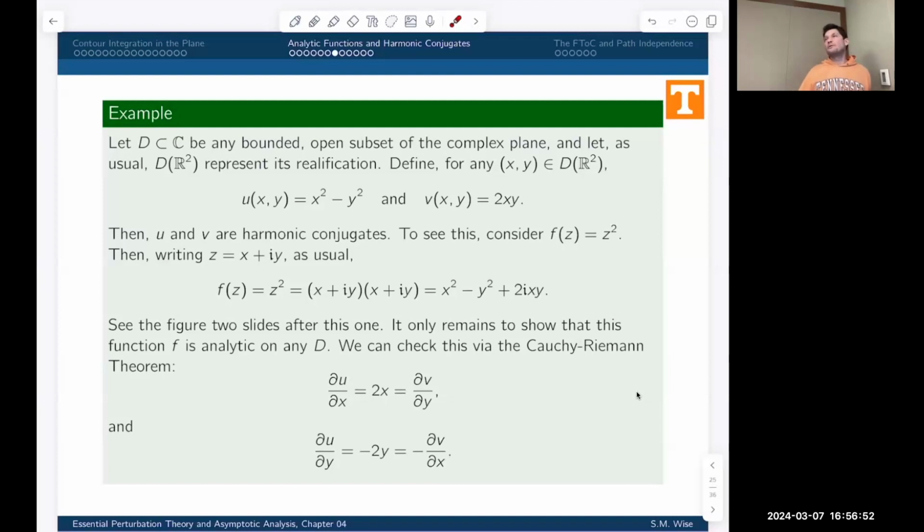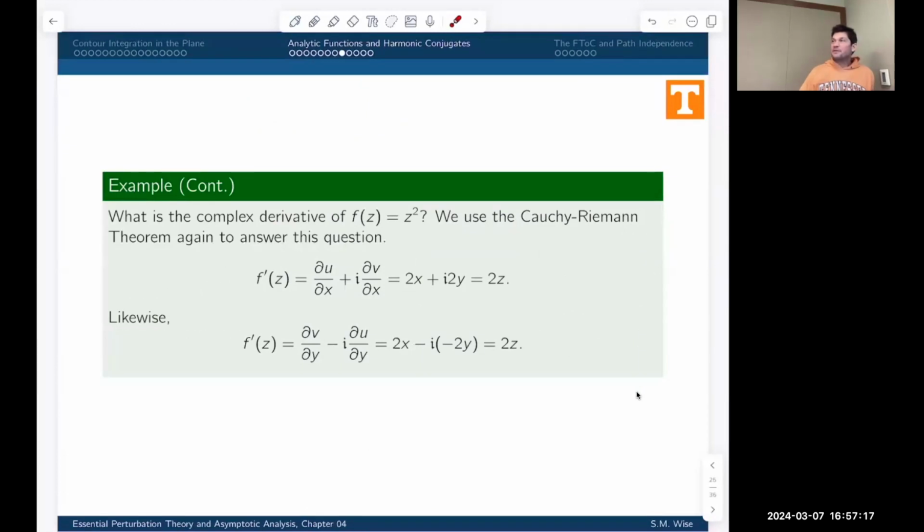Now, there are little theorems that say any polynomial in z is analytic already. So this is just showing it via Cauchy-Riemann. So the Cauchy-Riemann equations hold, okay? du/dx equals dv/dy and du/dy equals minus dv/dx. Okay, so if you calculate those derivatives, you'll get these common values.